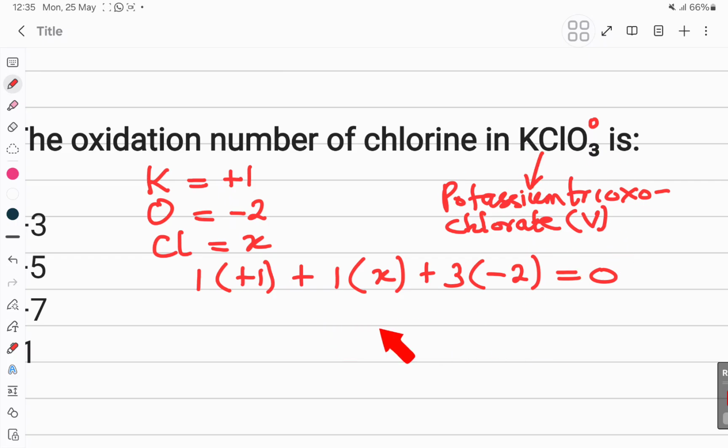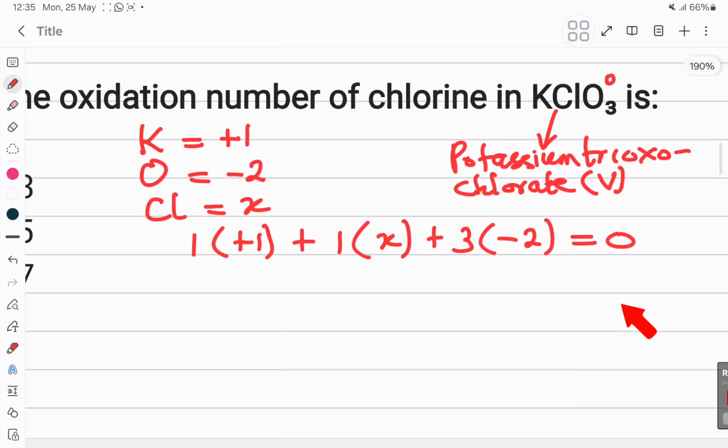For neutral substances, molecules or compounds, the oxidation number is 0, even for a free element. So we equate this sum of the oxidation numbers of all these atoms to 0.